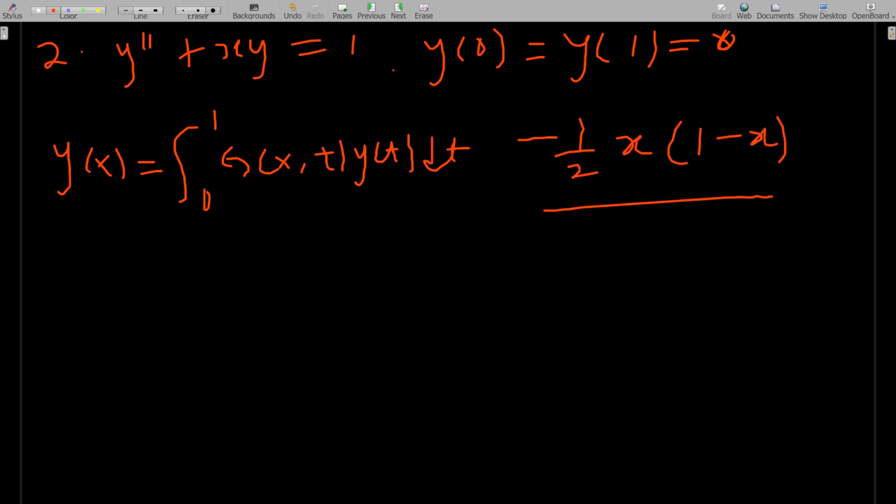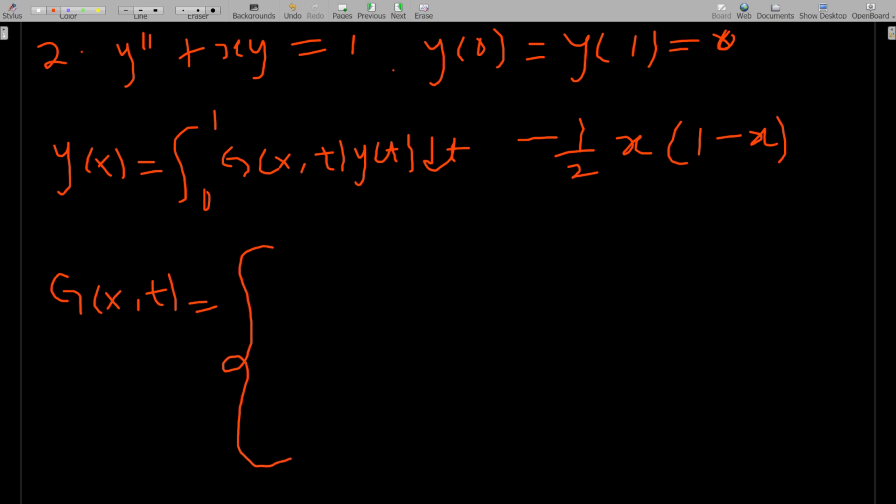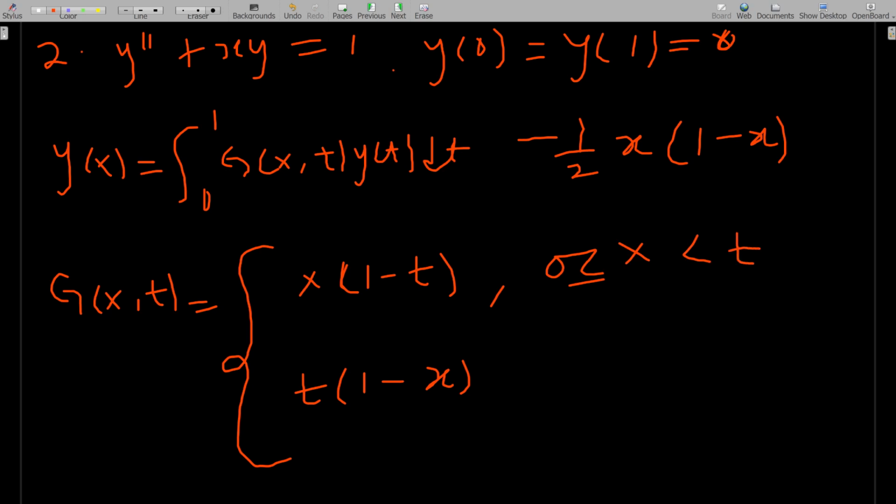So this becomes your free term, and your g of xt becomes your kernel, where g of xt is equal to x into 1 minus t, then t into 1 minus x, for 0 less than or equal to x less than t, then t less than x less than or equal to 1.